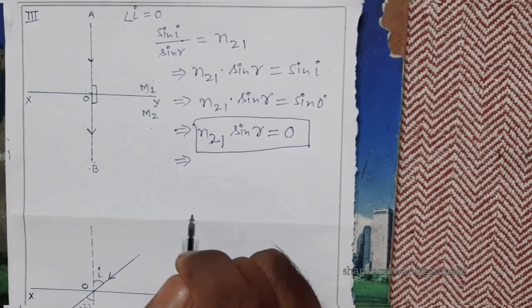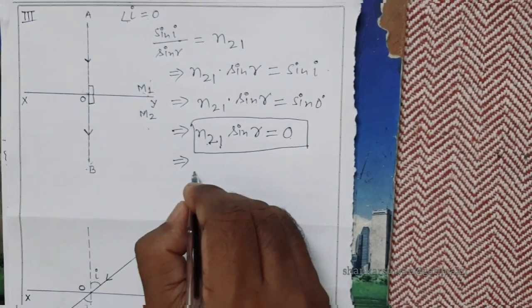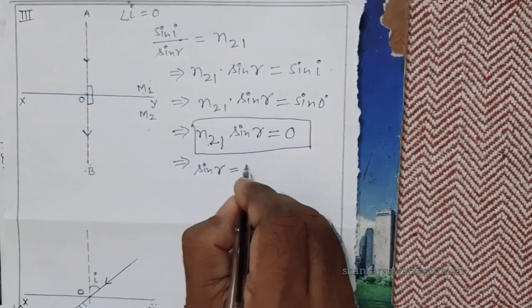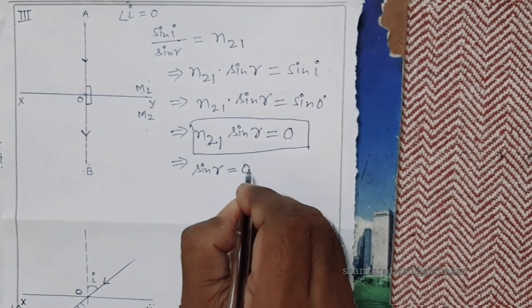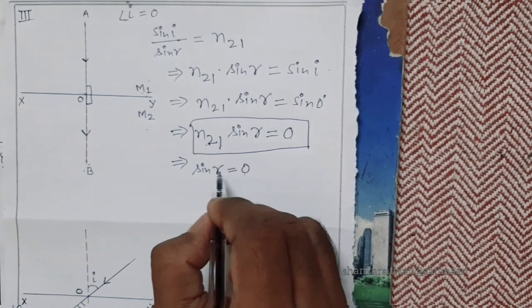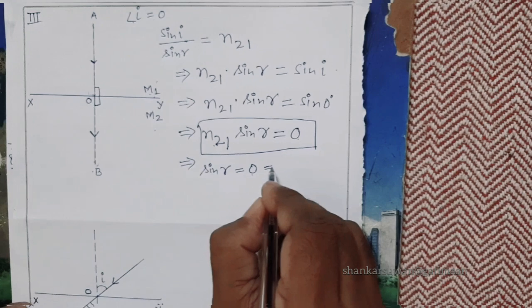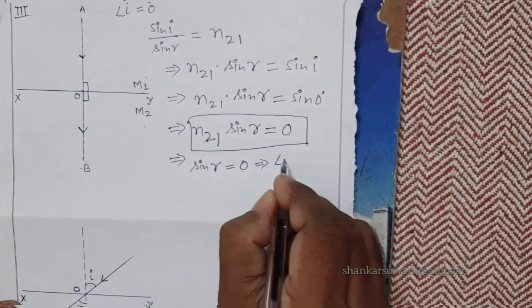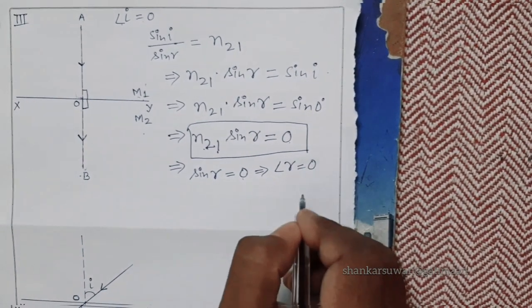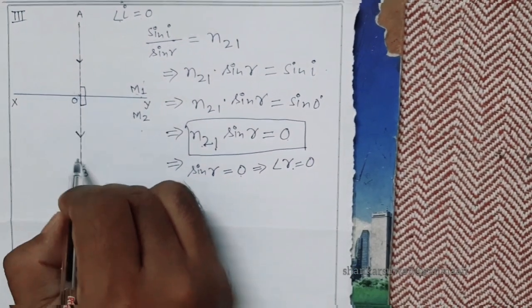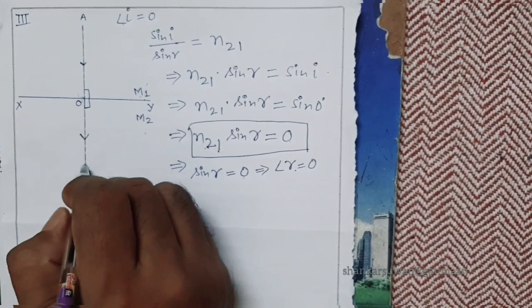It can never be 0. This implies that sin r will be 0. Under what condition can sin r be 0? When angle r itself is 0. This means that the refracted ray is along the normal.